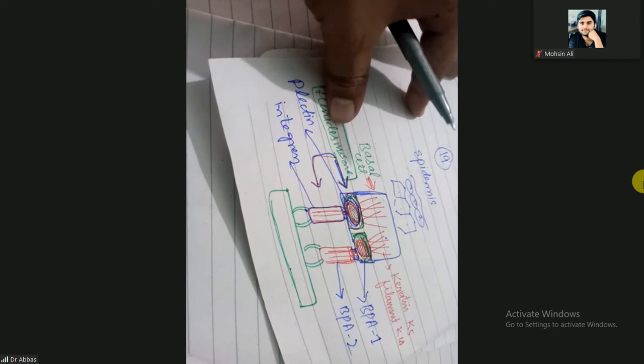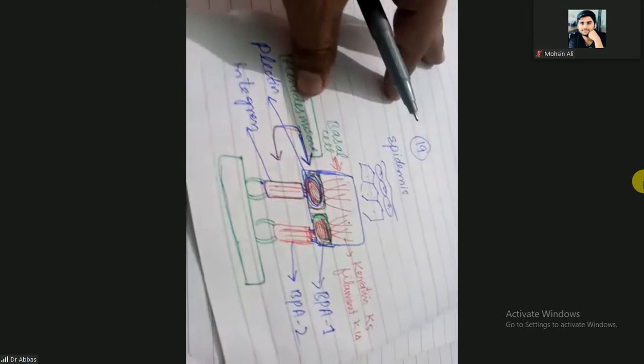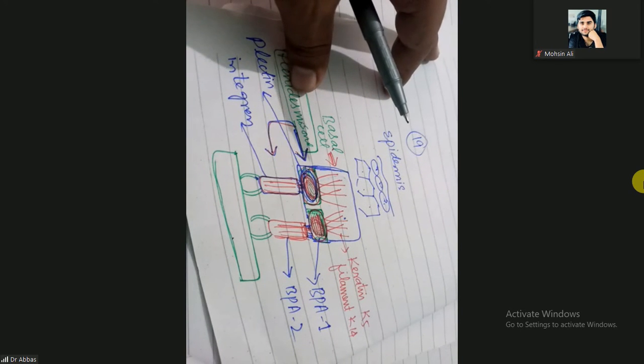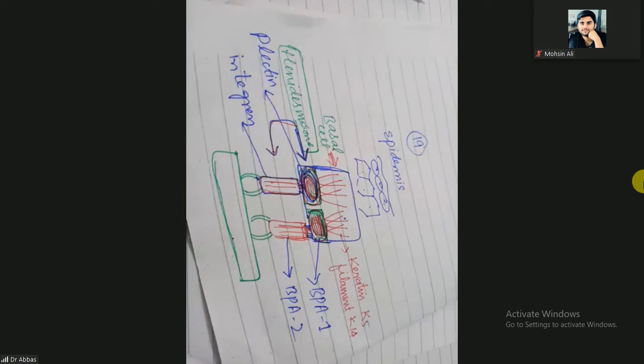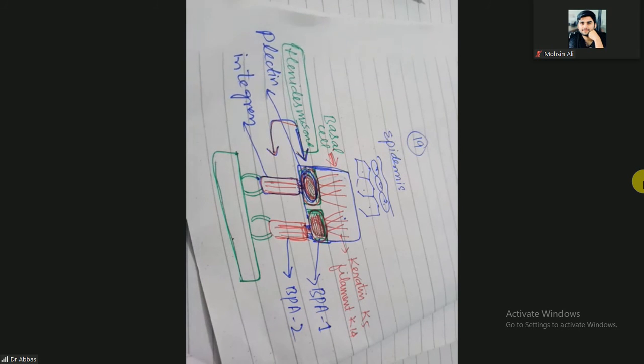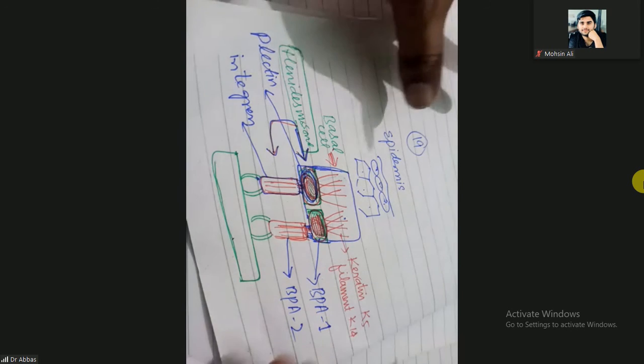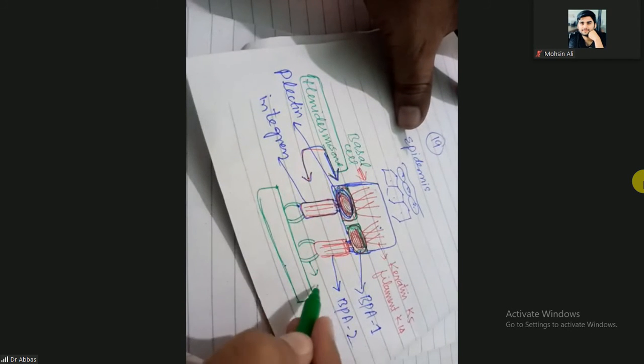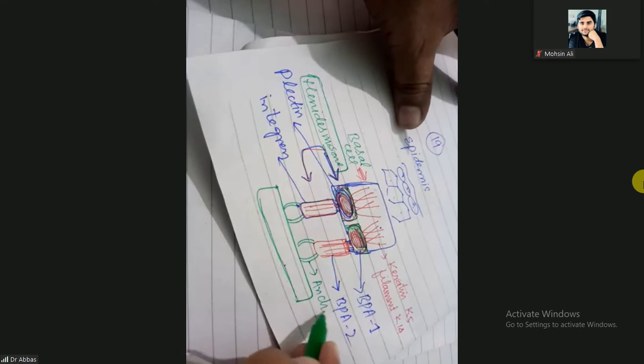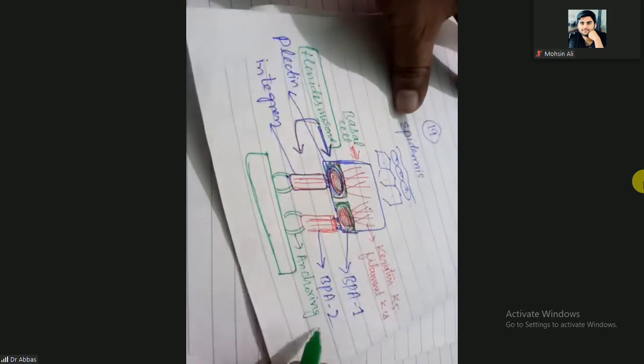So these basal cells have the keratin filaments. These keratin filaments are attached to a protein, the hemidesmosomes, having plectin, integrin, BPA1 and BPA2. And lower down, these basal cells are attached to the basement membrane by which one? Anchoring filaments.